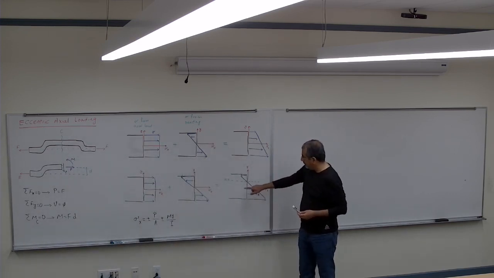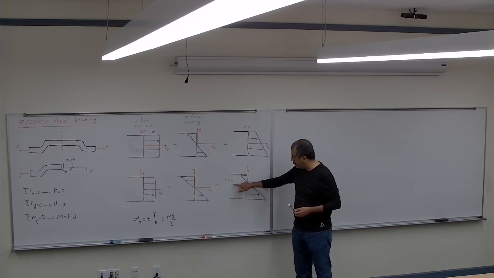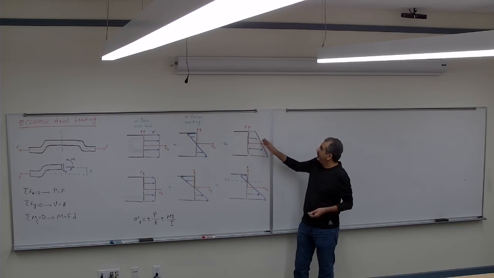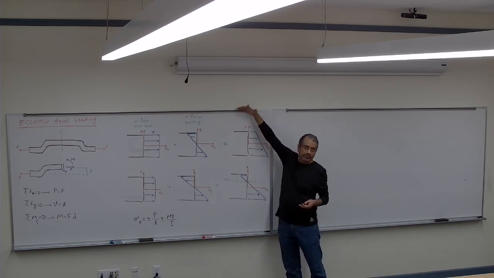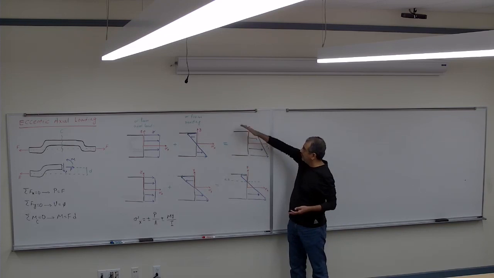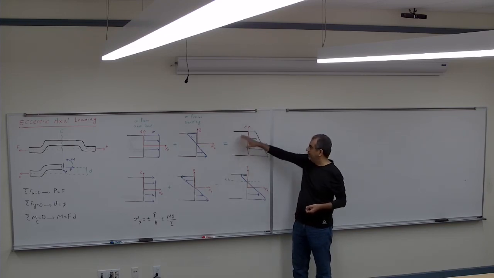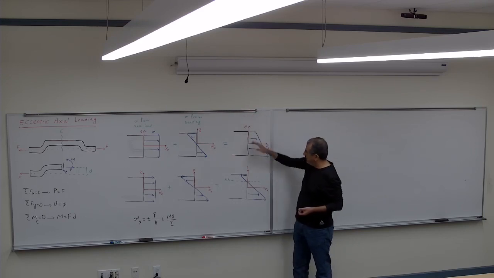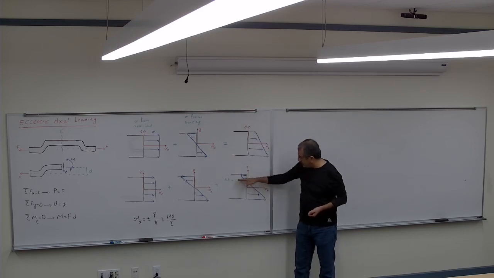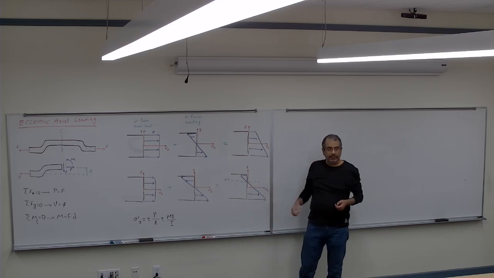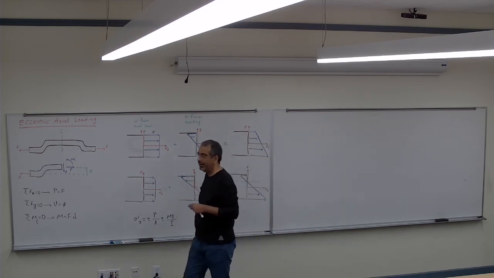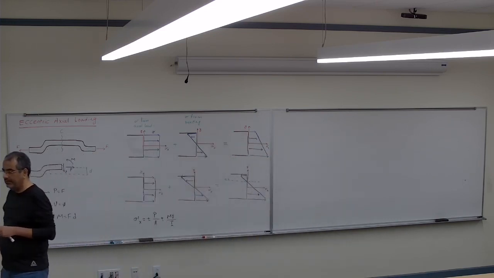The second point is the neutral axis, if we have one. Look at the top one, the neutral axis is going to be somewhere up there. It's not going to be on the cross section. It's going to be somewhere there if I keep continuing until it gets to 0. If it is on the cross section, it's not going to be on the centroid anymore. So the neutral axis will not pass through the centroid anymore.